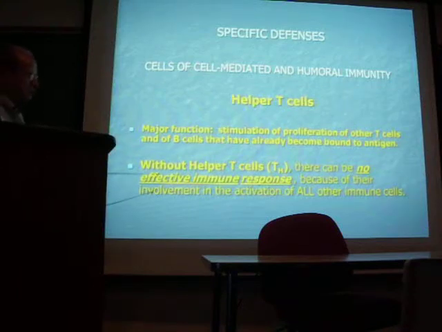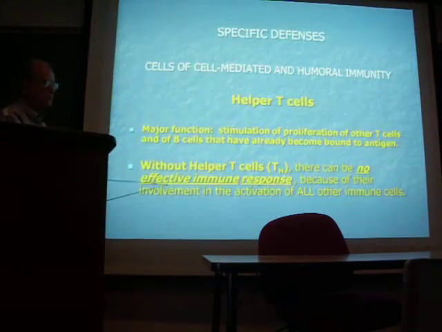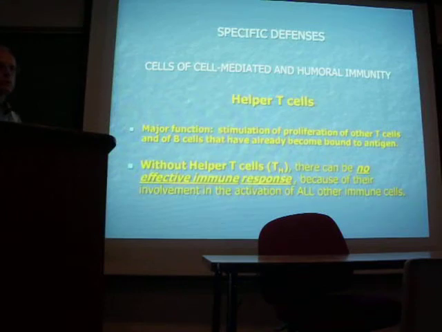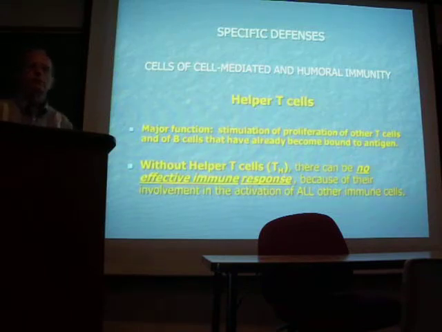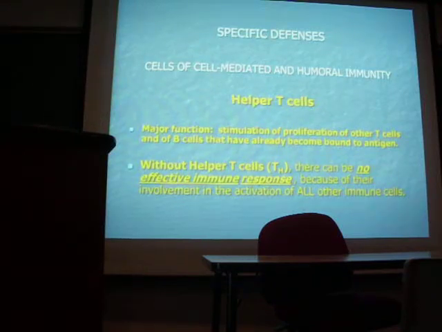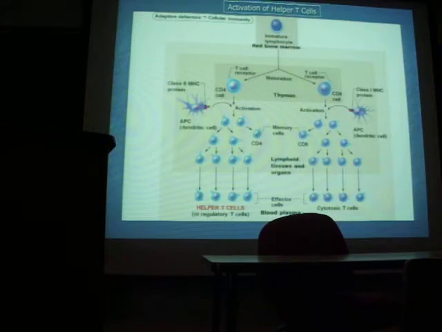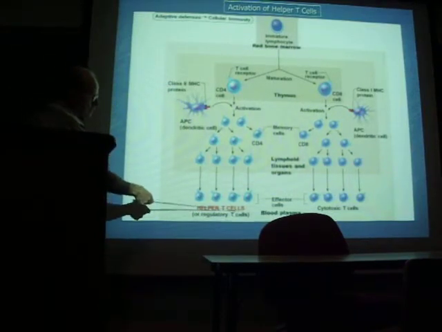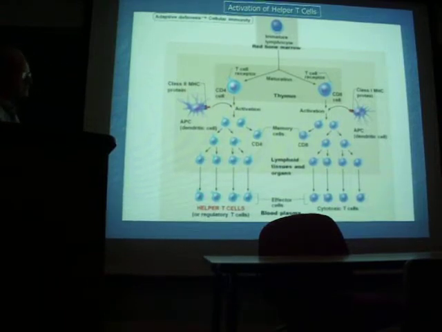Notice that without helper T cells, there can be no effective immune response because of their involvement in the activation of all other immune cells. So that's why they're called helper T cells. Again, here's your helper T cell line right here.